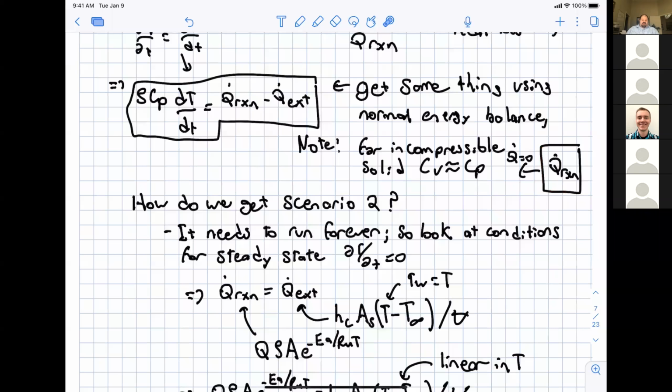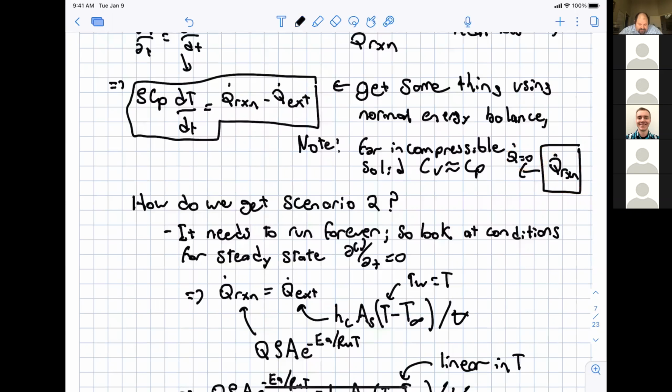And so if we wanted it to run forever, basically where the Q dot going out perfectly balances the heat of reaction inside, we actually want to look at the conditions that lead to a steady state solution. Which means it will run forever and ever.